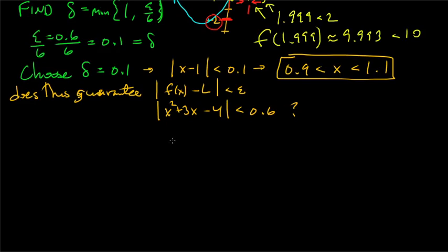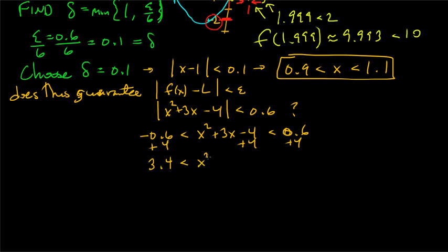Okay, so let's see if that works. If I take negative 0.6, that's going to be less than x squared plus 3x minus 4, and that has to be less than 0.6. So add 4 to everything. And so we're going to get 4 minus 0.6, I think that's 3.4, is less than x squared plus 3x, less than 4.6.